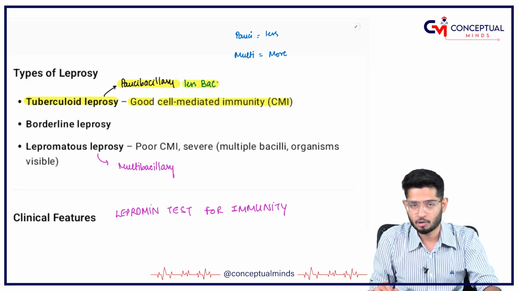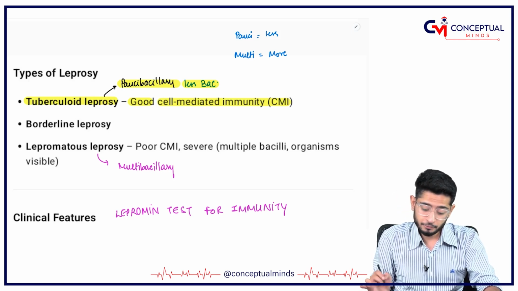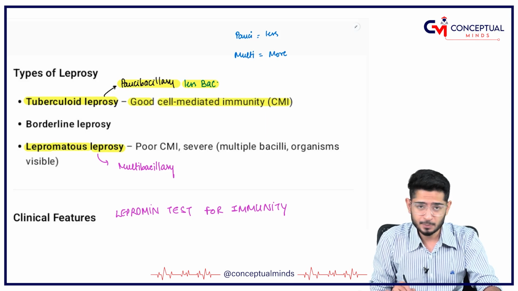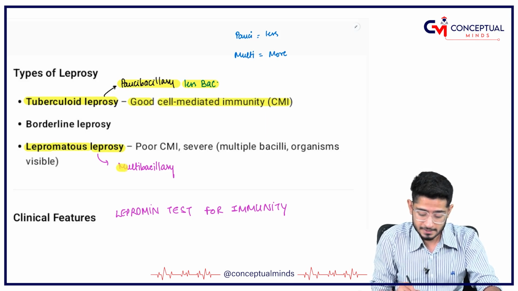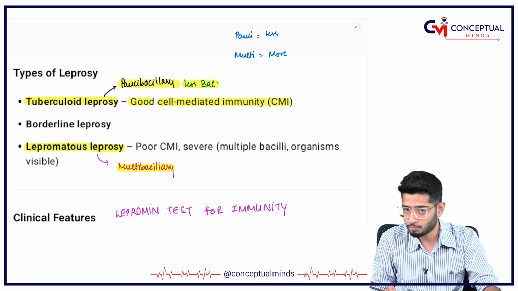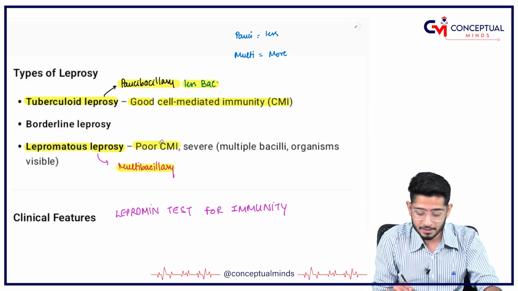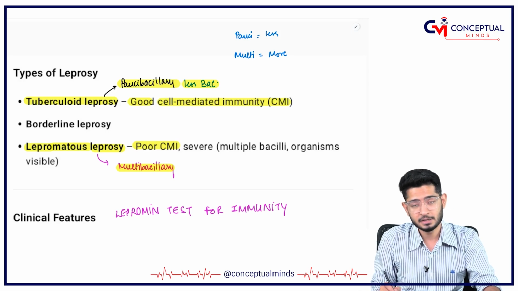Whereas if it is lepromatous leprosy, that means it is dangerous. It is multibacillary because many bacteria are there, and the cell mediated immunity is also less, my dear friends.